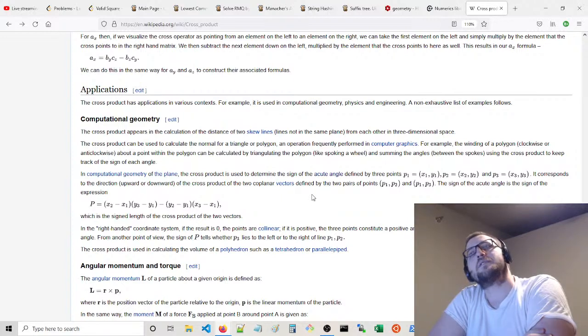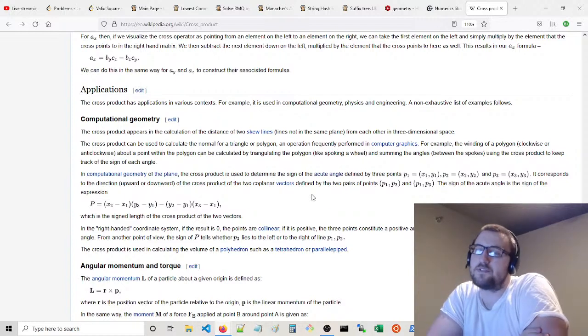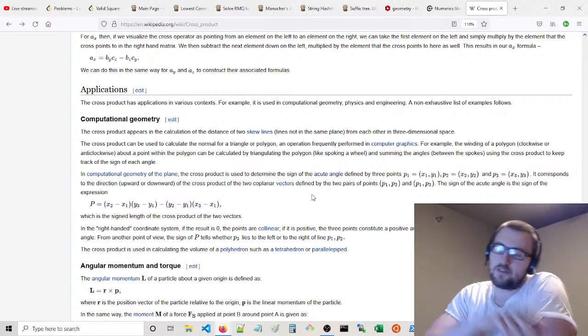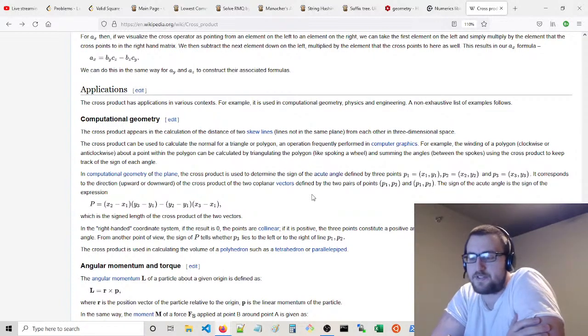You can, for each point, round robin each possible pair of points, and get the vector between them, such that we get all the vectors around the outside edges. And then we want to actually produce.